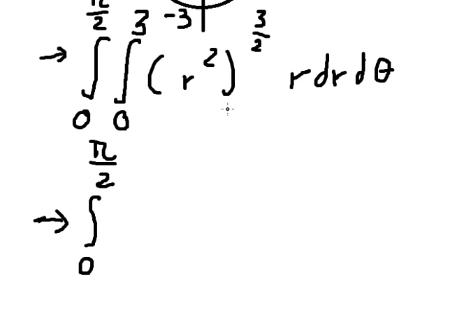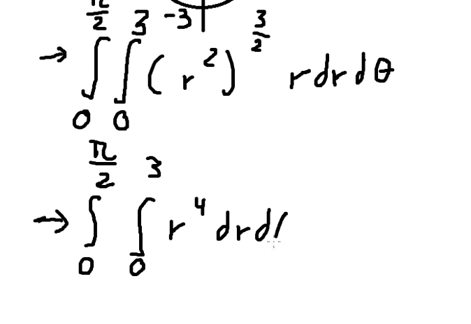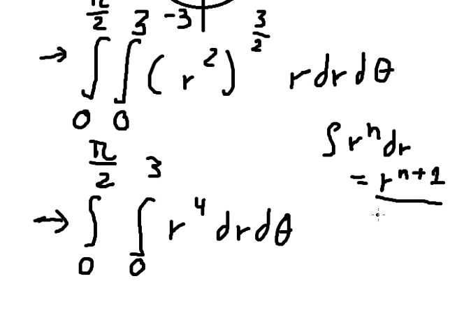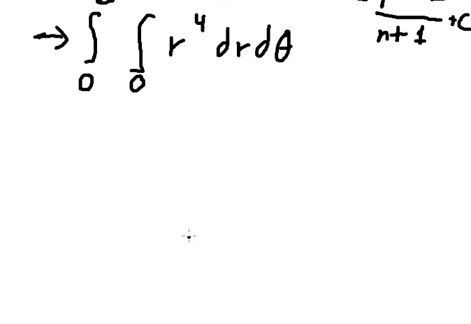So we can simplify it, and we have r to the power of number 4. So for the integration of r to the power of number 4, we have the formula in here. We have number 4, so we put number 4 going here. 4 plus 1, we have number 5.